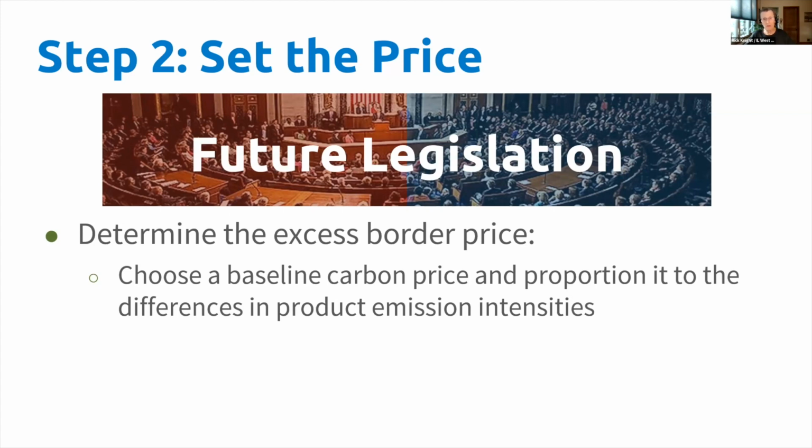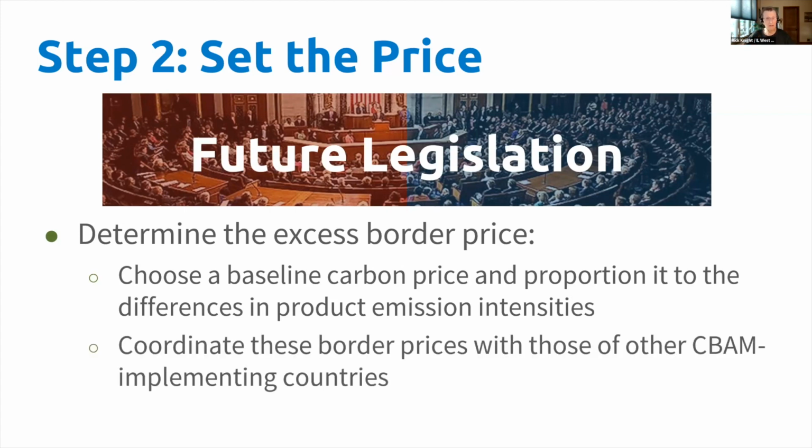And the emissions for a ton of, let's say, Korean steel is 2 tons, which is about what the difference is right now. So then each ton of Korean steel would be hit with a border tariff of $50 to account for that extra ton. I know I'm just repeating what Dana said, but it's good to hear it again to understand it. So this is how the CBAM would proportion the cost to the difference in product emission intensities.